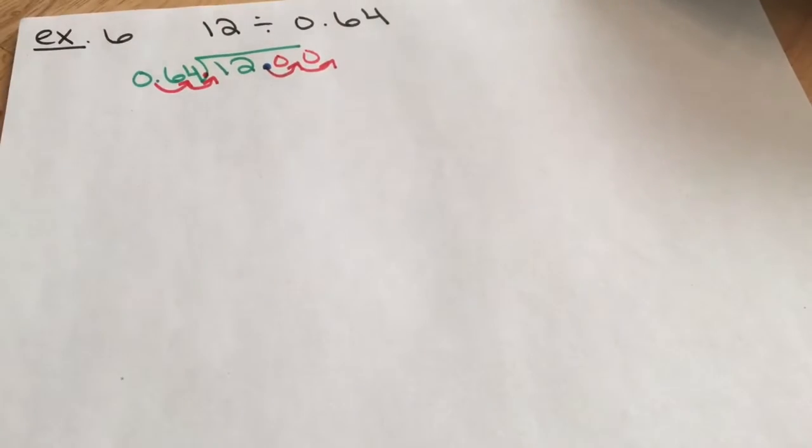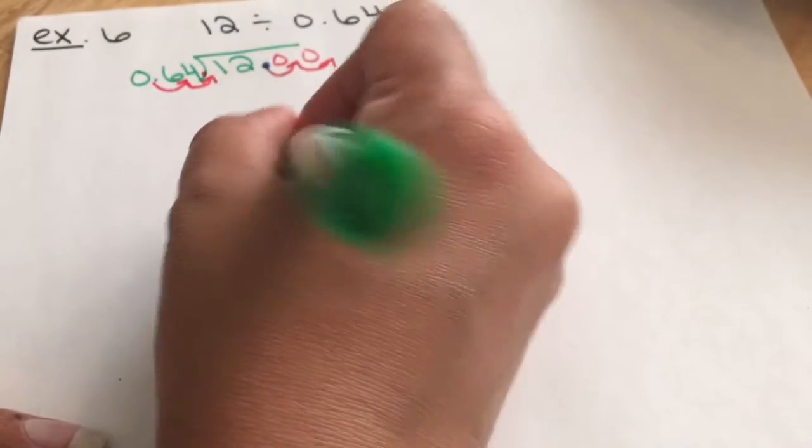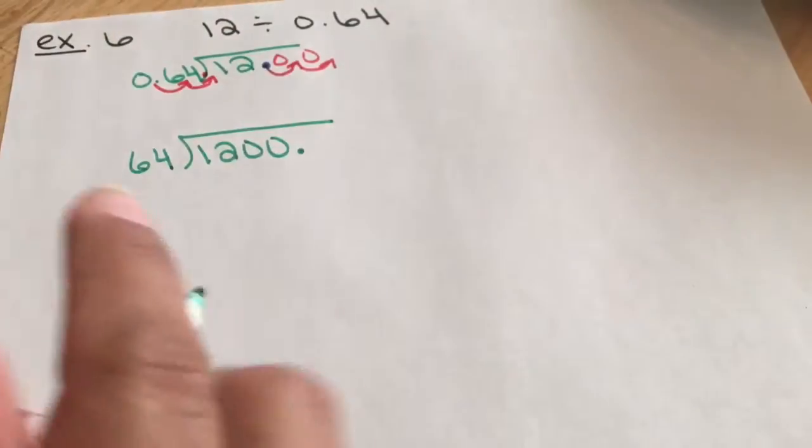We will have to add those extraneous zeros. Just because I want to clean this up a little bit, I'm going to make this 1200. I'll put the decimal there. Divided by 64. We don't need that leading zero anymore since we're now working with a whole number.